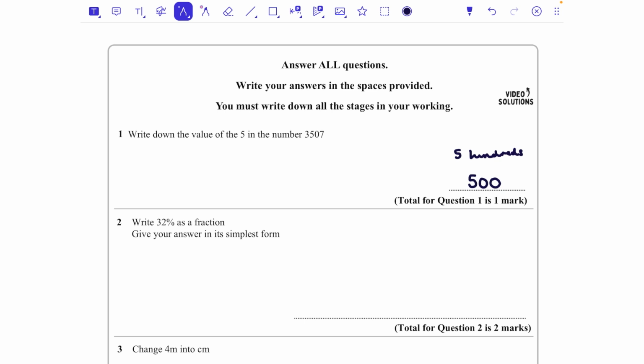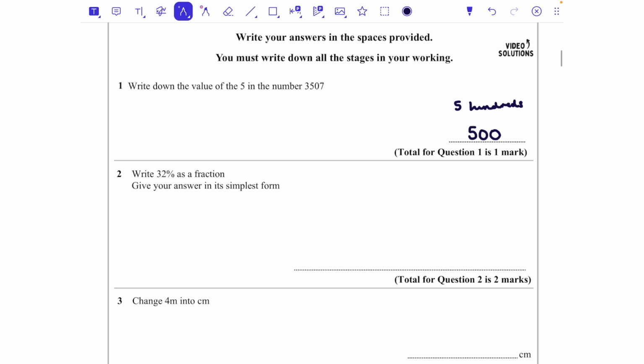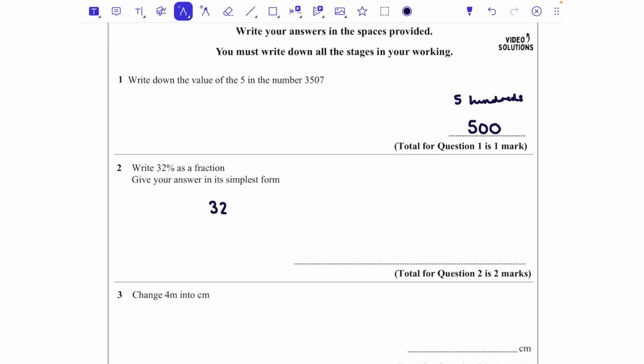Question number 2, write 32% as a fraction. Give your answer in its simplest form. So 32% means 32 out of 100. And we can write that as a fraction like this, but we've got to write it in its simplest form. So you think, what times table are 32 and 100 both in? Now they are both even, so I can divide by 2.